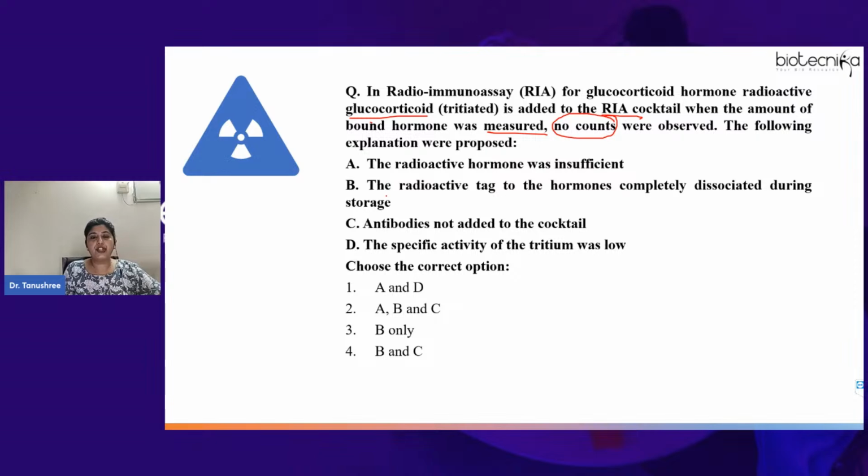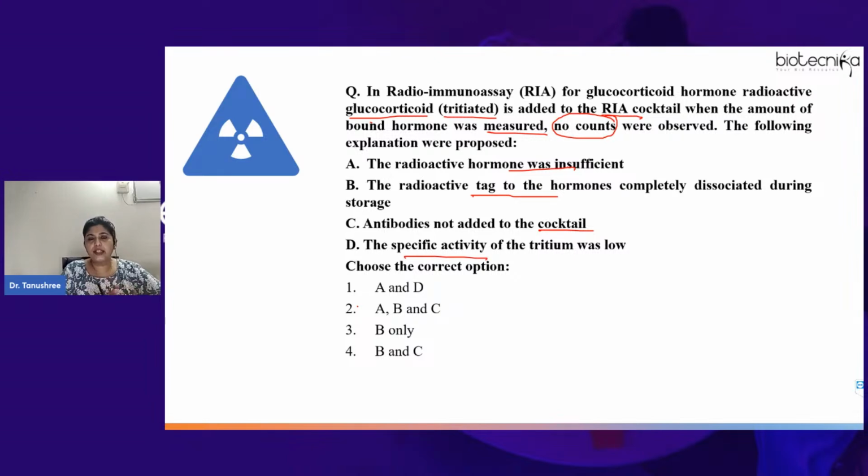So the following explanations were proposed: the radioactive hormone was insufficient; the radioactive tag to the hormones completely dissociated during storage; antibodies were not added to the cocktail; or the specific activity of the tritium was low. Here tritiated means that one of the isotopes is replaced with tritium. Okay, so you have to choose the correct option.